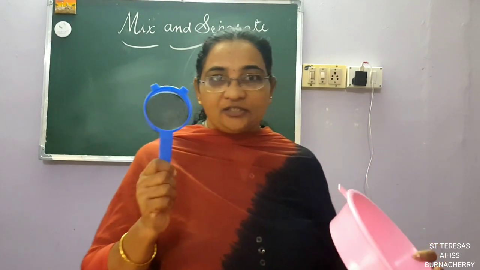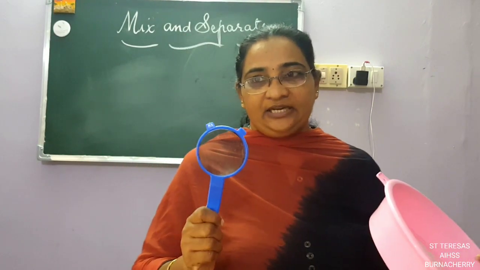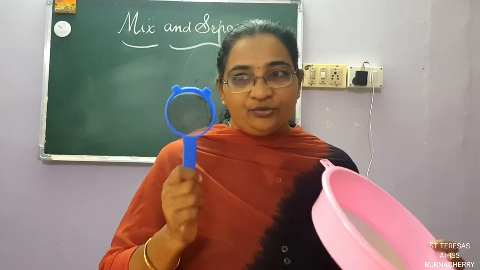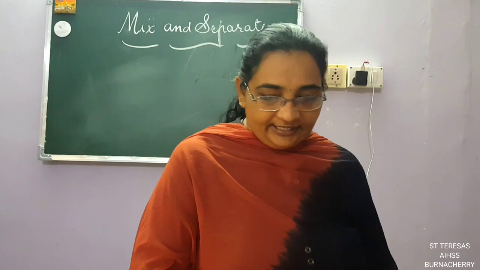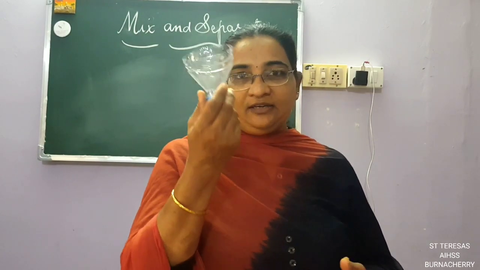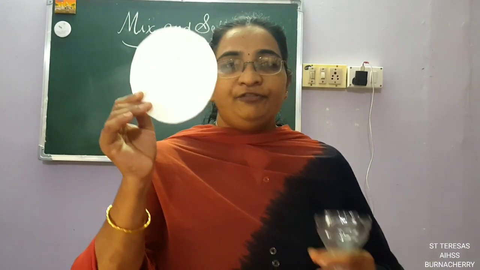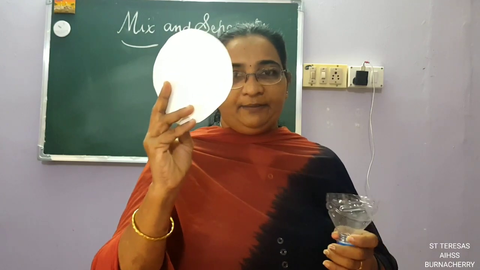Then this is also called a sieve, a strainer. Why do we use this tea strainer? To strain the tea, we use this tea strainer. Then I don't have a funnel, so I have made an improvised funnel from an old bottle, and I have filter paper with me. This is filter paper.